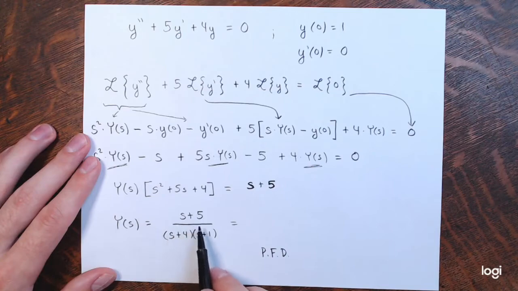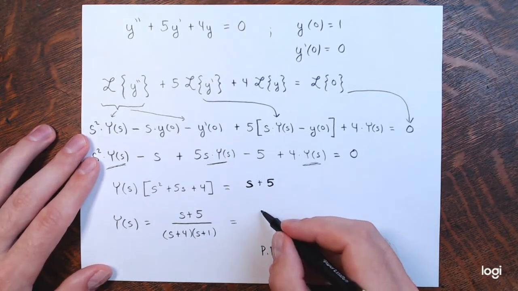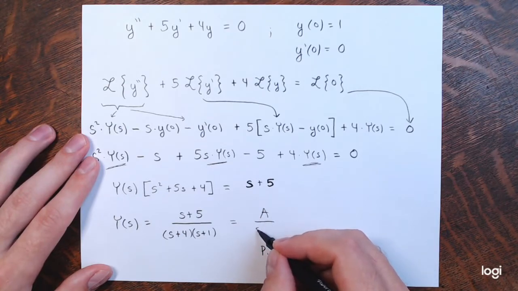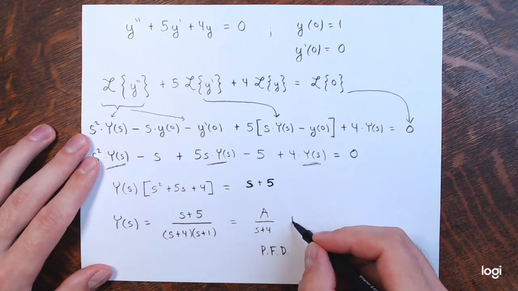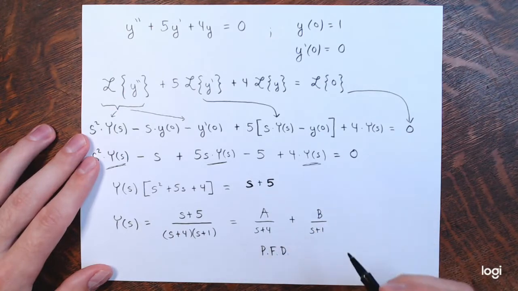This s plus 5 divided by s plus 4 times s plus 1, I can write as a constant a divided by s plus 4 plus another constant b over s plus 1. Again, that's only because these are linears.